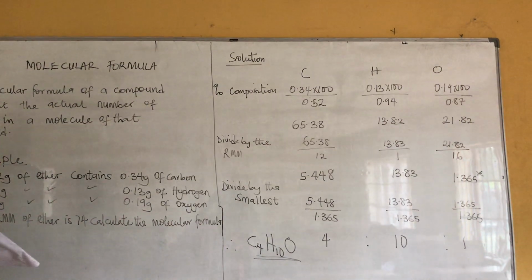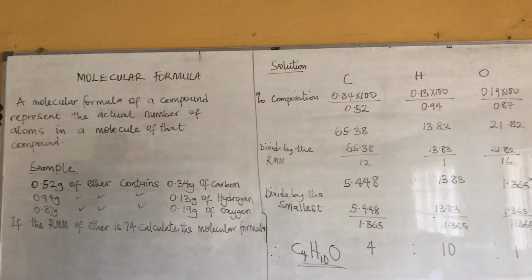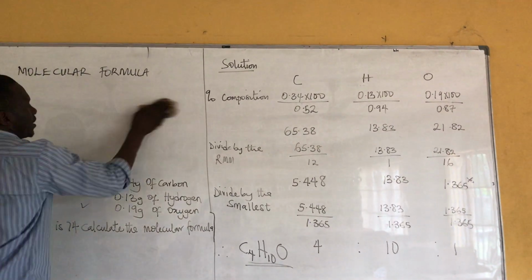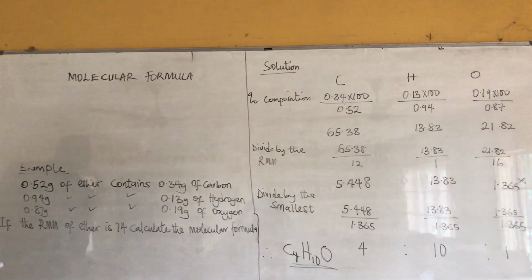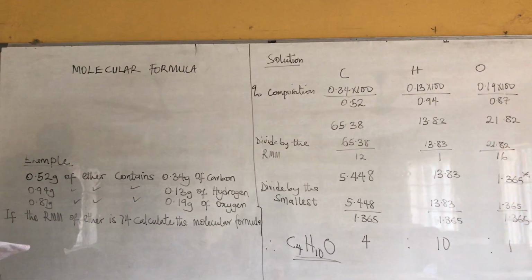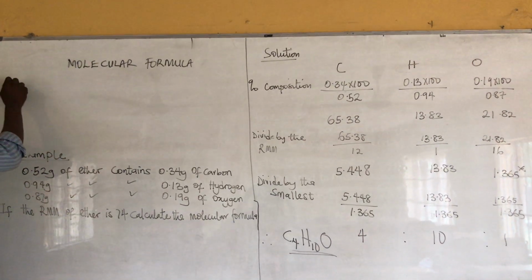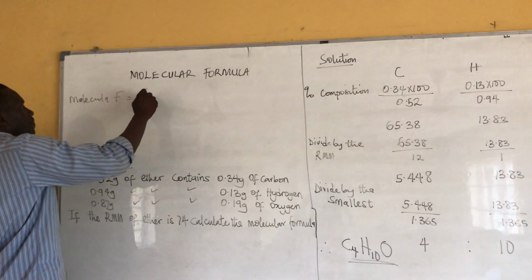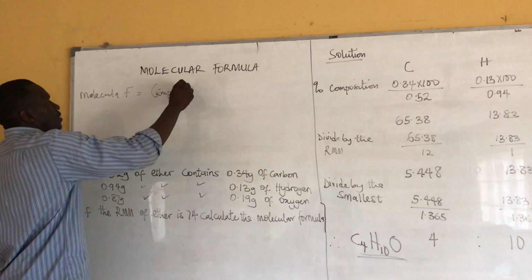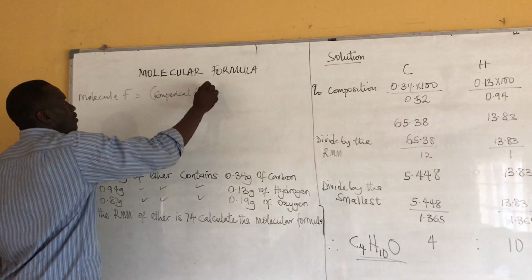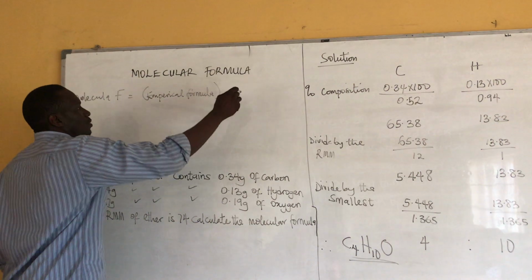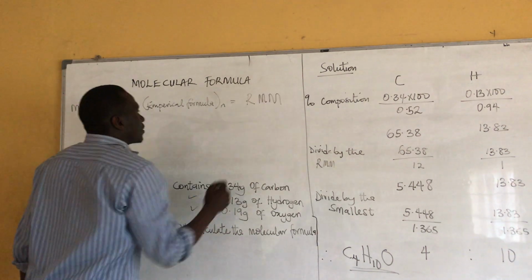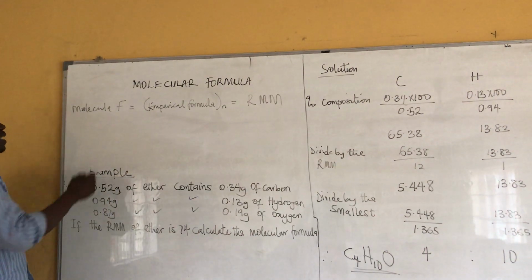Can we continue? But the question asks us to find the molecular formula. Don't forget, what we are doing today is molecular formula. So molecular formula equals empirical formula in bracket n equals your relative molecular mass.